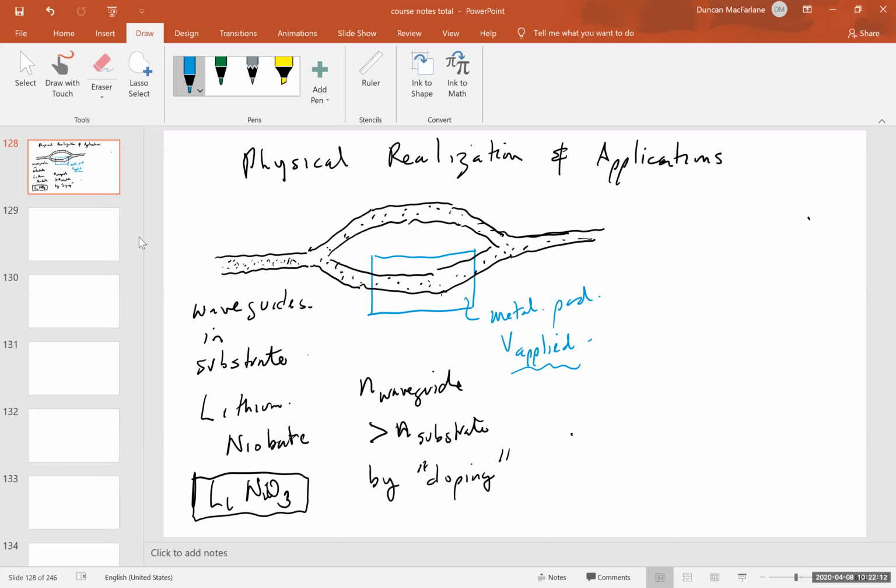What I mean is that the voltage provides an electric field that provides a force, and that will either squeeze the atoms closer together or pull them apart. Let's consider the case where I squeeze the atoms closer together, then an increase in the voltage is going to increase the index of refraction. And the index of refraction is the speed of the light through the material.